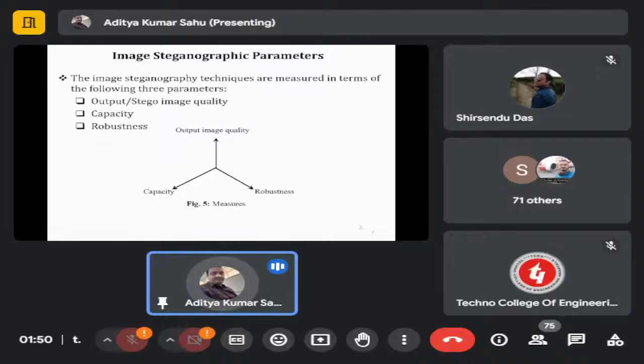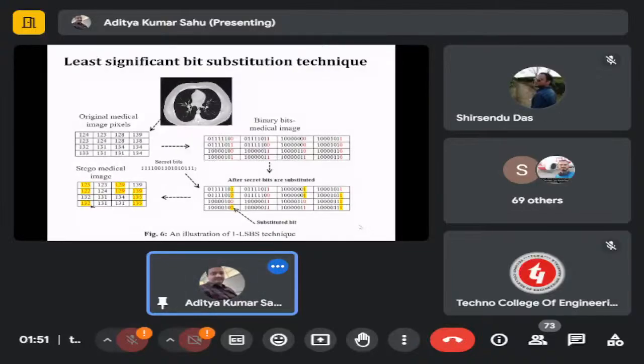I mean to say, when you want to increase the capacity of a technique, then ultimately you have to sacrifice the output image quality, the imperceptibility, or the robustness, and it's vice versa for all the other parameters also. So let us start with the first technique, the LSB technique.